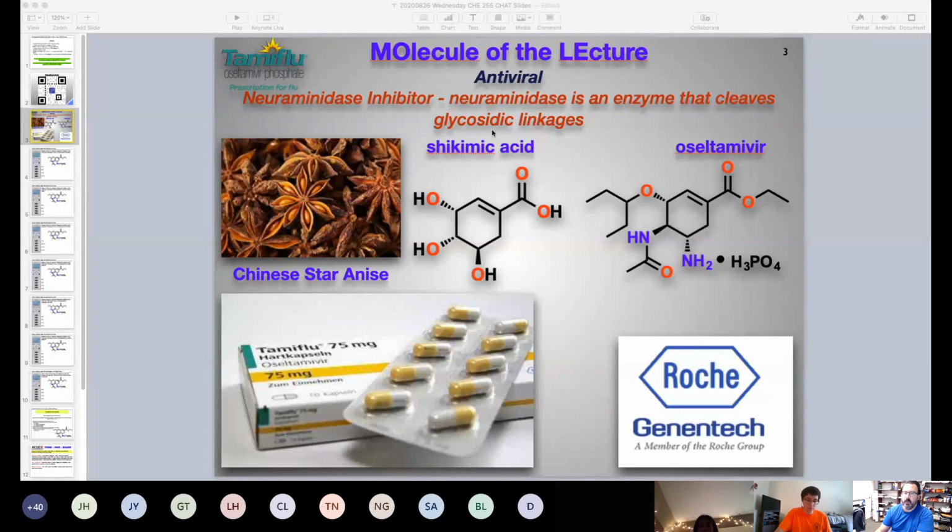This particular enzyme cleaves glycosidic linkages. And while we're not going to go into a lot of the mechanism of action of these small molecules, if you take biochemistry, you will. A glycoside is basically a sugar or a carbohydrate. We get energy from carbohydrates, and that enzyme basically cleaves them.